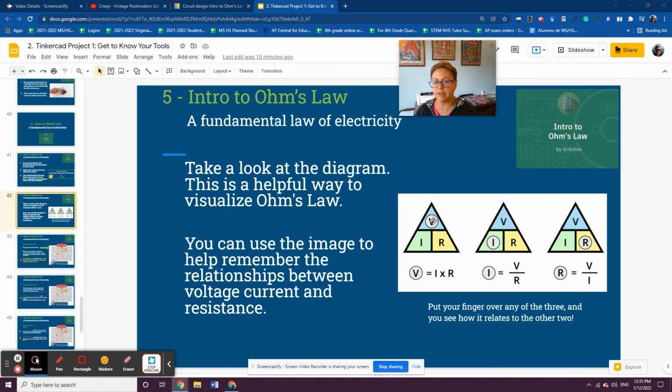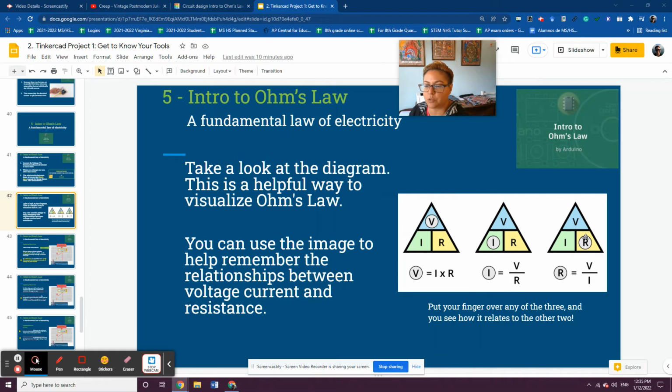What's neat here is if you see the I and the R next to each other, that means you multiply them. If, in the next description, the I is on the bottom and you cover that up, you see that V is over top of R, just like in an equation where you have a numerator and a denominator. So it even tells you, by looking at it visually, whether you have to multiply or divide, and in what order. It's really neat and cool.